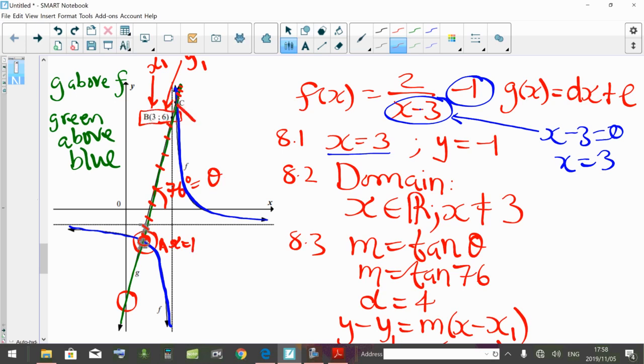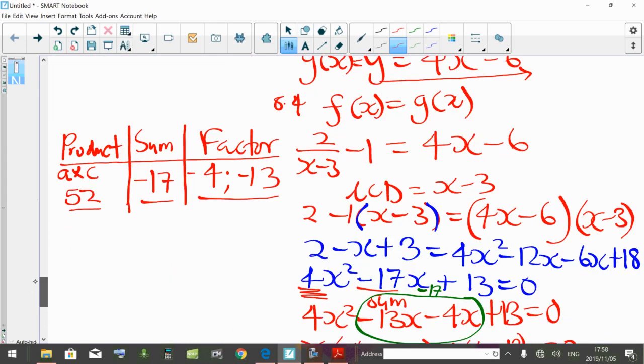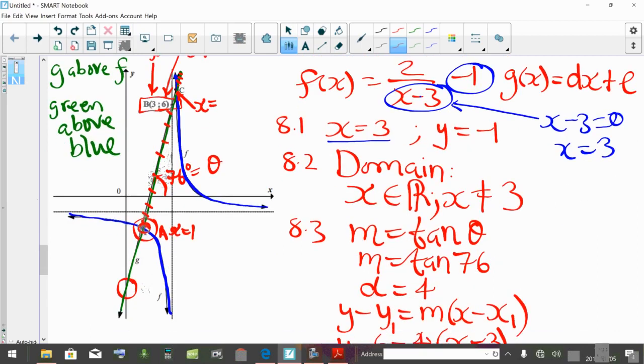And at this point, x is equal to 13/4. And then this vertical asymptote, we already agreed that this is y, excuse me, its x is equal to 3.